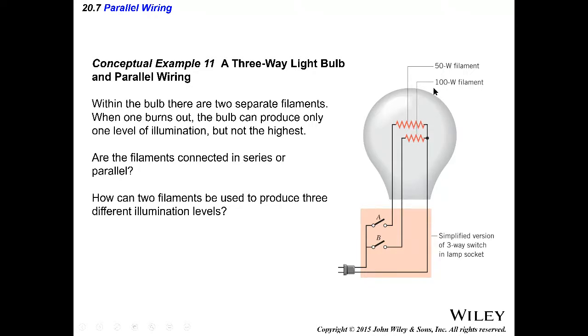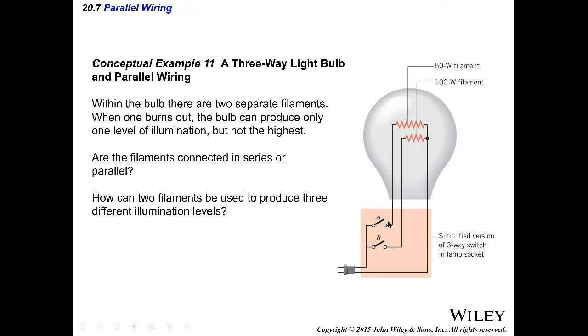One is a 50-watt filament. The other one is a 100-watt filament, meaning that if you were to put a current through it, it will consume 50 watts, whereas this one will consume 100 watts.